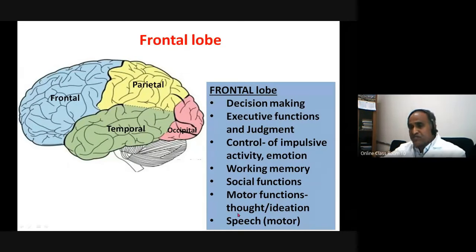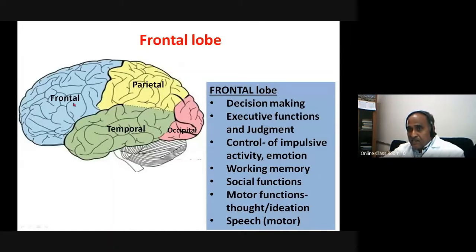In addition to these motor areas, the prefrontal area gives the ideation and thought for an action. Suppose I want to do a certain action, the ideation is generated here in the frontal lobe in association with the other three areas of the cerebrum. So the thought and ideation is generated by the prefrontal cortex.